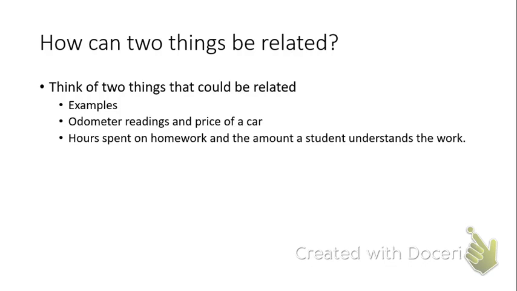So, the odometer reading and the price of the car would be related. Hours spent on homework and the amount that a student understands the work come the time of a test. These are two things that could be related. Come up with your own example now of two different things that would be related.